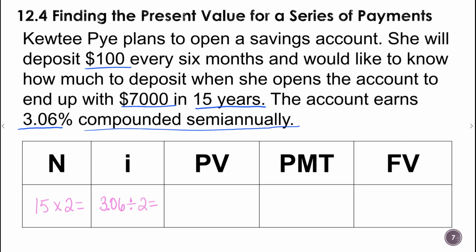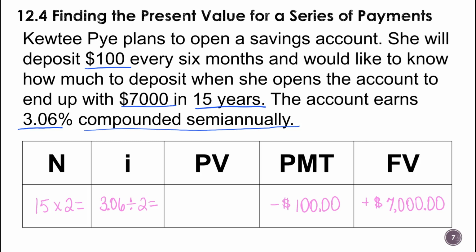Her payment amount is negative $100, right? Because she's paying that in, so therefore it's negative. Future value is positive, and it is $7,000. So we're trying to get this account to end up at $7,000.